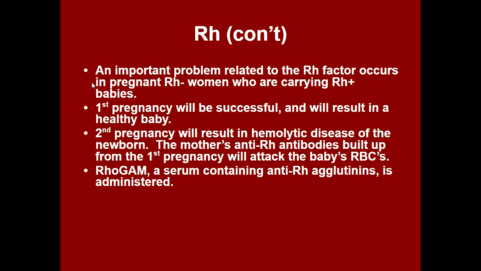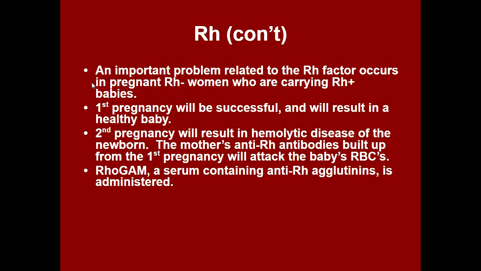So, first time, it's not a big deal. Your body will just say, okay, this is a positive. We don't know you. We're going to keep an eye on you. Don't you show up again. But the second time could lead to miscarrying your child, because what happens is the body attacks the red blood cells of the baby, and then that would cause a miscarriage.